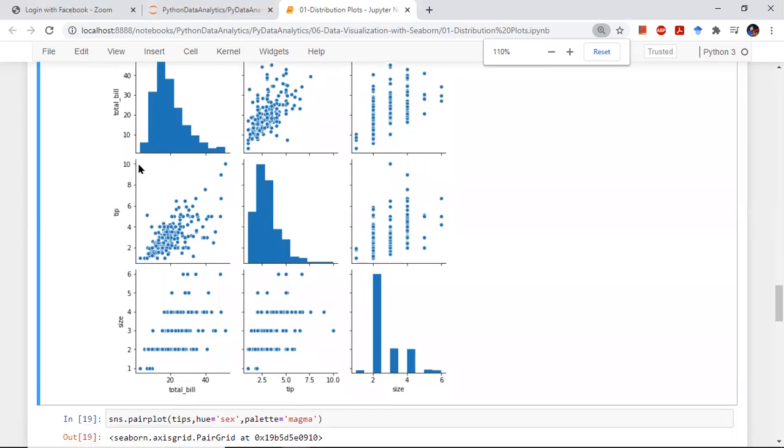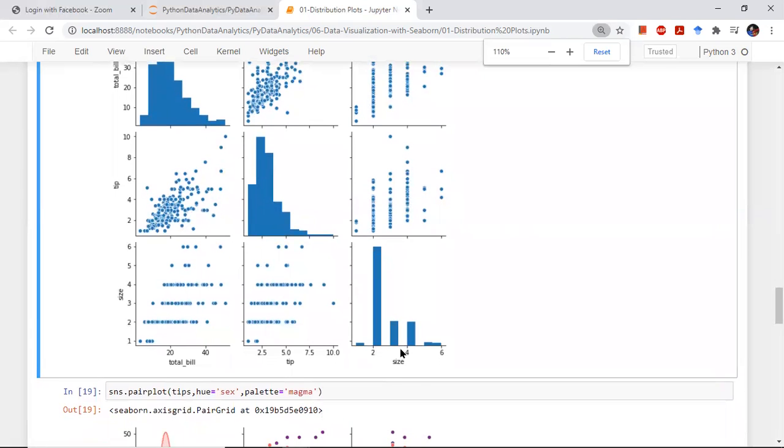So like this we are getting all the distributions. We have size, tip, and total bill on the y-axis, and total bill, tip, and size on the x-axis. It's kind of a matrix which is plotting every numerical column with every other numerical column. So with just this one line we can see a trend. I can see with tip and total bill there is a trend, right?